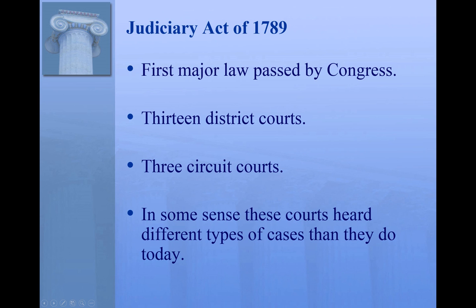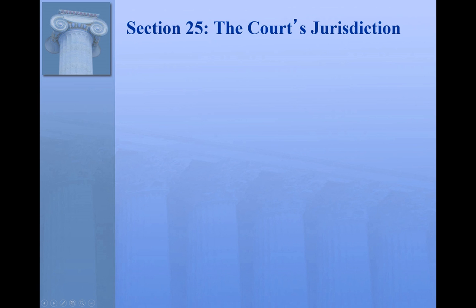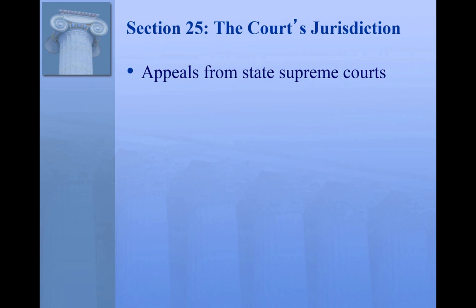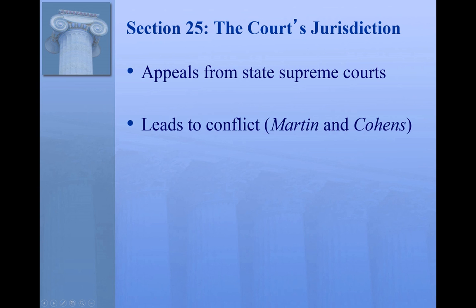So it was this act in which Congress first stated that the Supreme Court could review decisions of state Supreme Courts that had something to do with interpreting the federal Constitution, a congressional act, or a treaty. In fact, that's at the heart of a case called Martin versus Hunter's Lessee. In that case, the Supreme Court of Virginia refused to abide by the Treaty of Paris that ended the Revolutionary War.